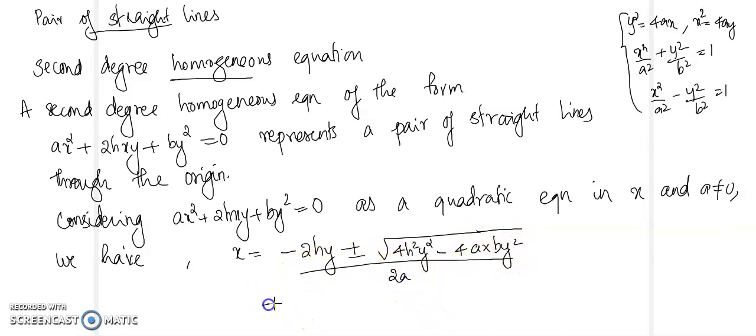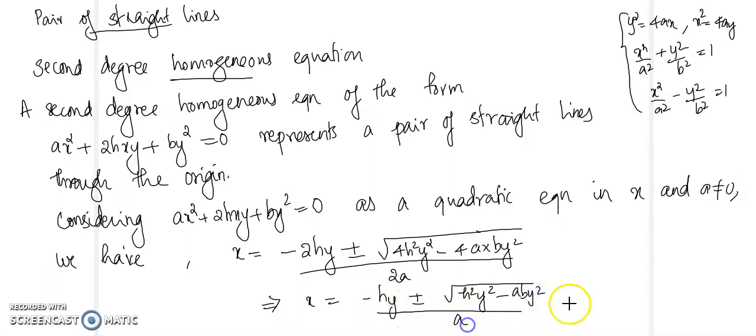So that will give us minus hy plus or minus root of 4h square y square minus 4ab y square, by 2a. So that is minus hy plus or minus, in here y is common, root of h square minus ab y, by a.